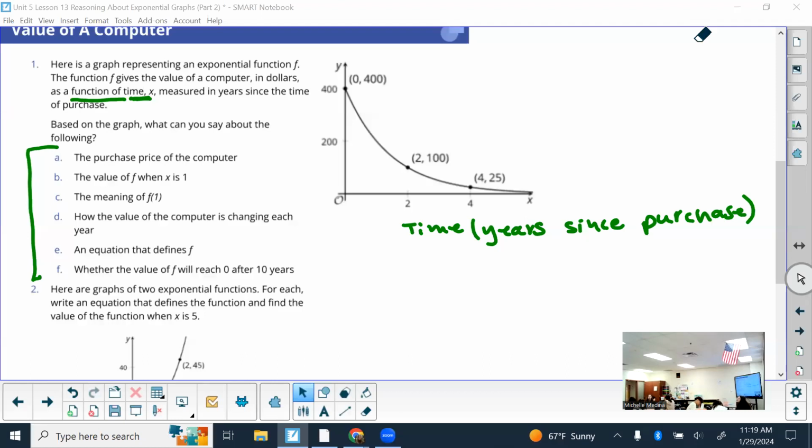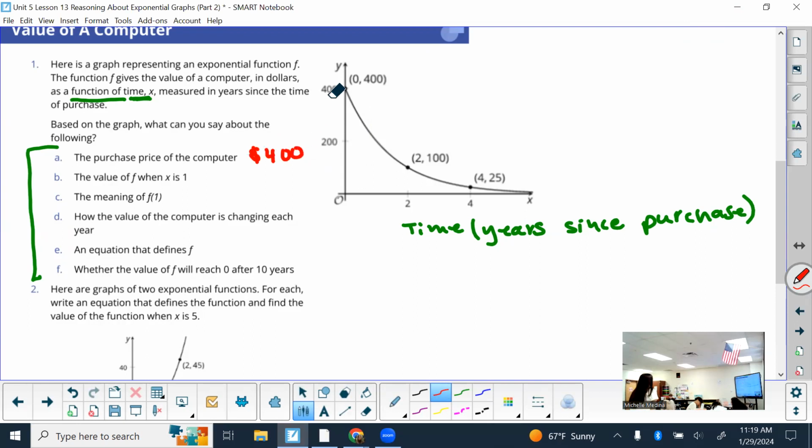So table 4, what is the purchase price of the computer? $400. And where did you look for that information on the graph? What do we call that part of the graph? Y-intercept, good.